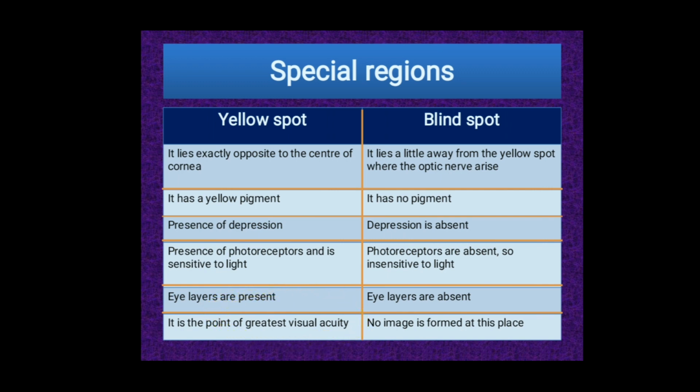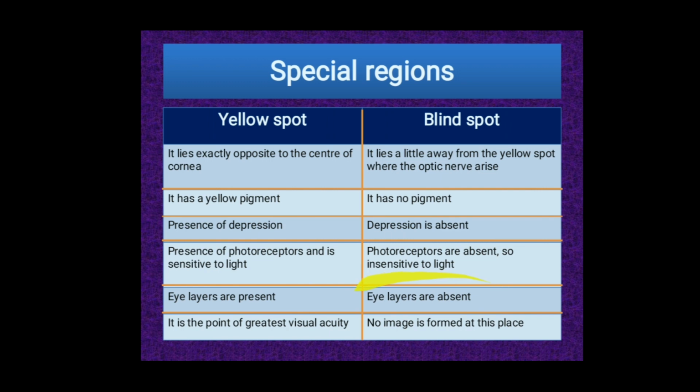Whereas the blind spot lies a little away from the yellow spot, where the optic nerve arises. It has no pigment, and the depression is completely absent. There is no depression at all. Photoreceptors are also absent in this region, so it is insensitive to light.